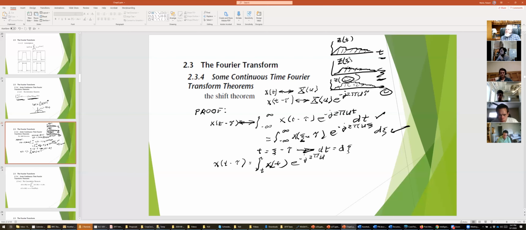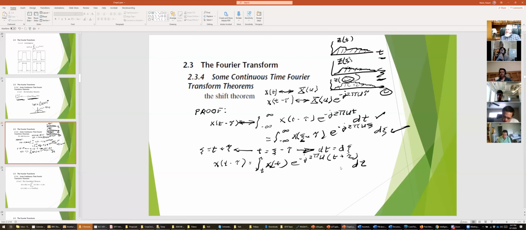And let's see, what is c? Well, from here, c is equal to t plus tau, right? So instead of c, it's t plus tau. And we are integrating over t now.